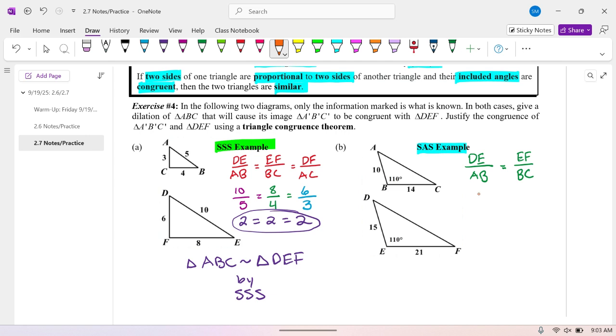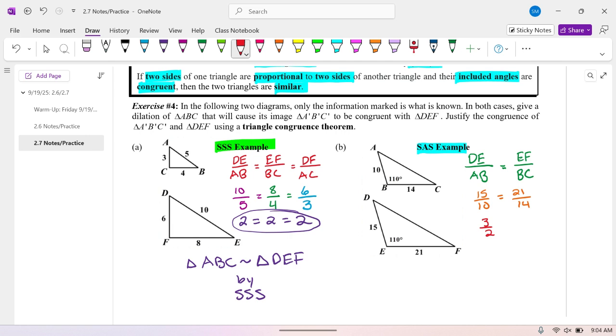So that means that we would have 15 over 10 is equal to 21 over 14. Now, if I simplify those fractions, will I get the same thing? What's 15 over 10 simplified? 3/2.